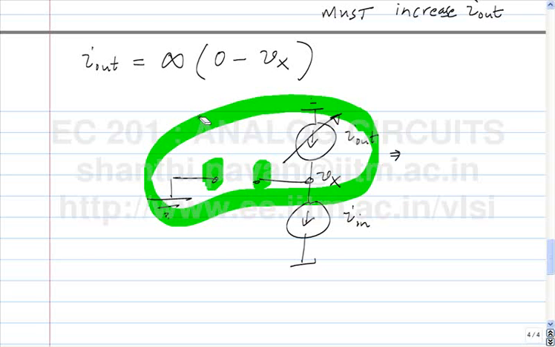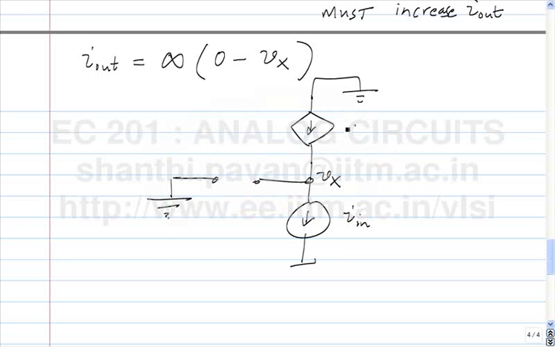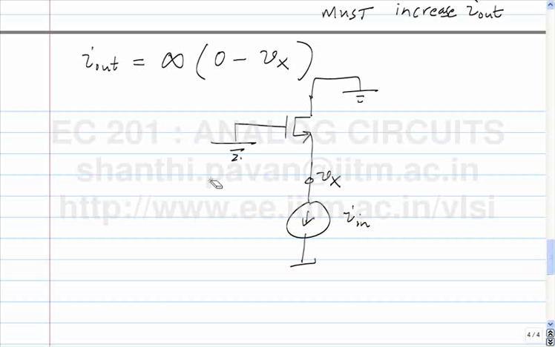So now can somebody identify the transistor? This is some Gm times 0 minus Vx. The gate is grounded, very good. The current source occurs between the drain and the source. So this is the drain, this is the source, and this is the gate.